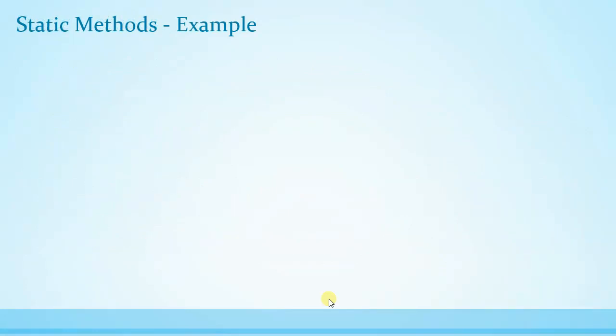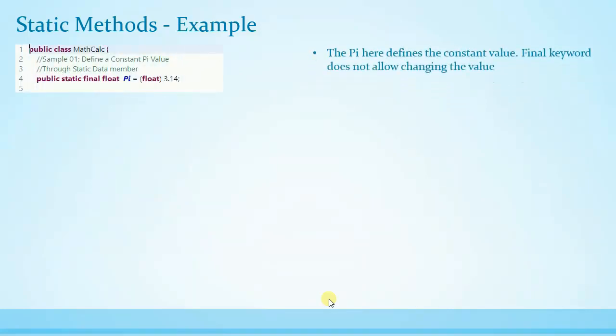All right, let us see this with an example. Here in the math calc, we defined a constant called pi. The keyword public states that pi can be accessed anywhere.